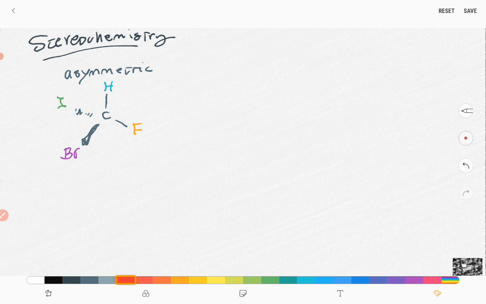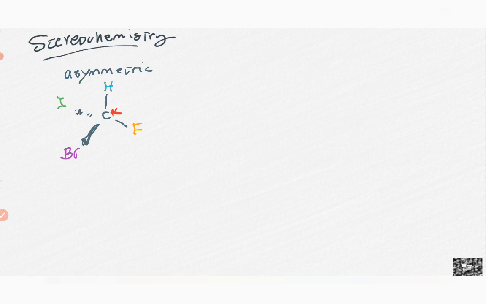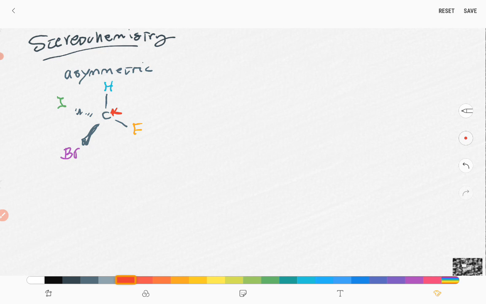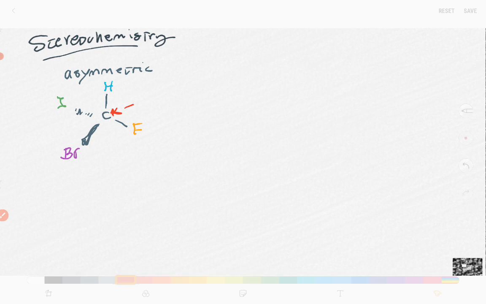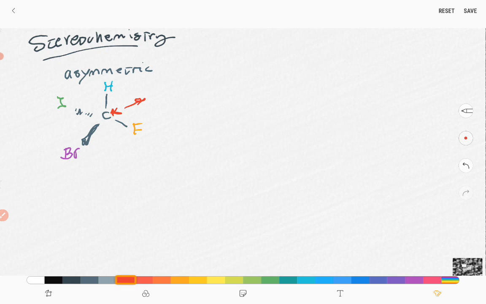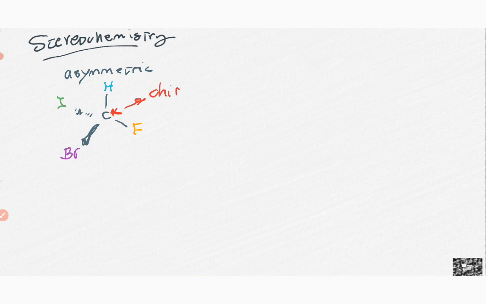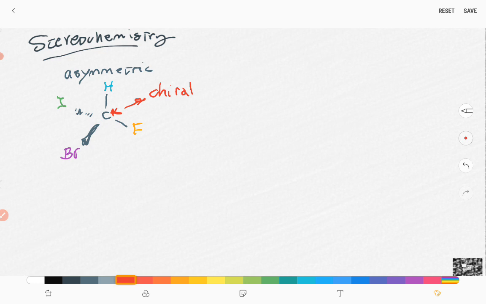Here is a new definition. This kind of carbon that makes an asymmetric molecule, we call it chiral carbon.